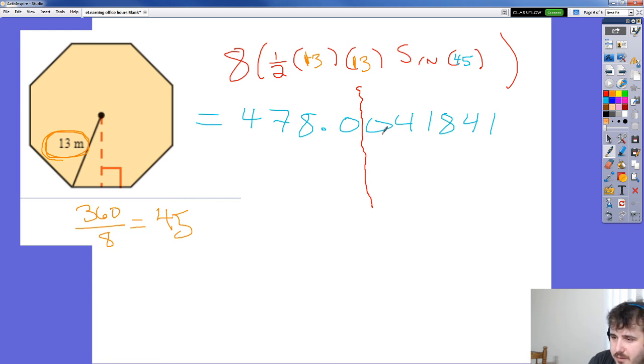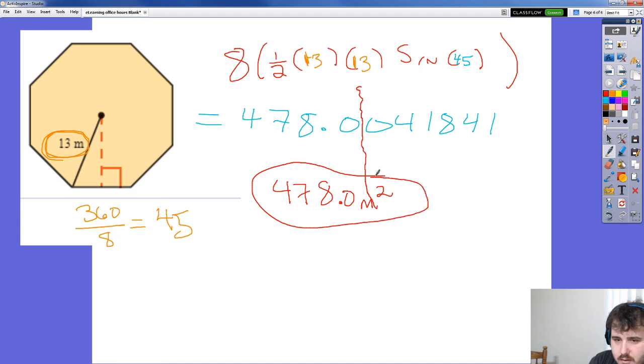So is that big enough to round up, or do I just get rid of it? Yes, exactly. And that's meters squared for your units, and that should already be there, I think. So you don't have to put meters squared in the box. You just have to put the 478.0.